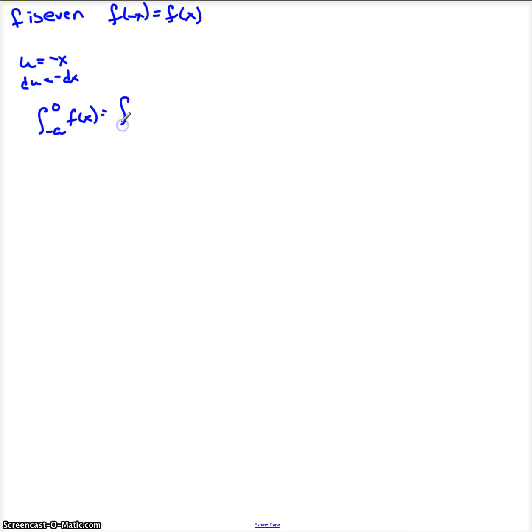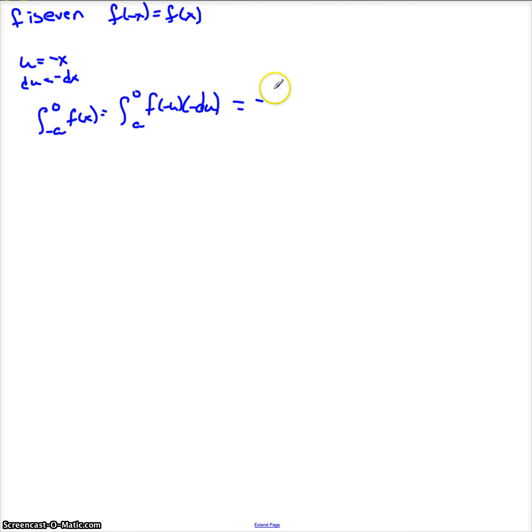This is the same thing as, now I'm doing this u substitution we did previously. So this becomes the integral from a to 0 of f at negative u, minus du. All I'm doing is putting in my u substitution and changing my limits of integration.